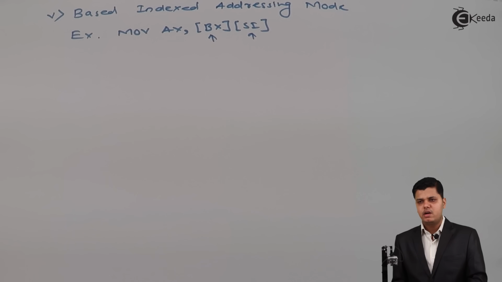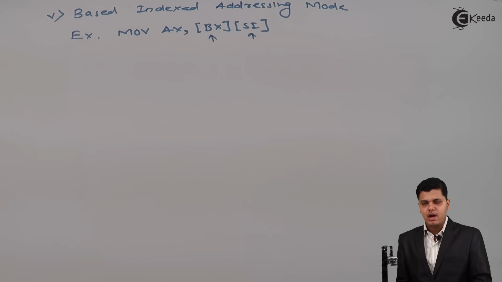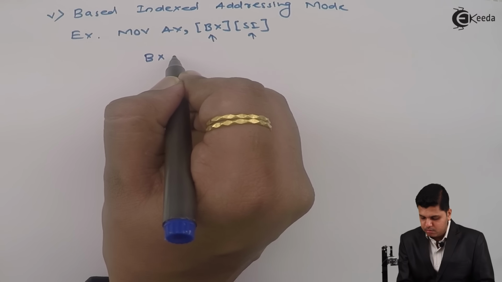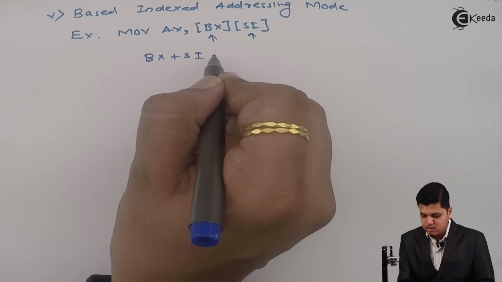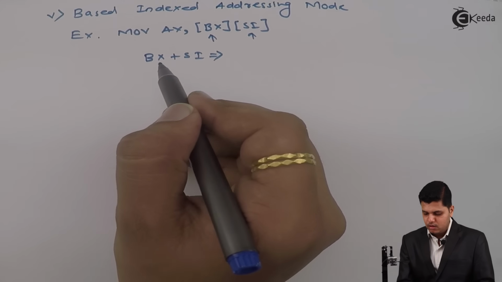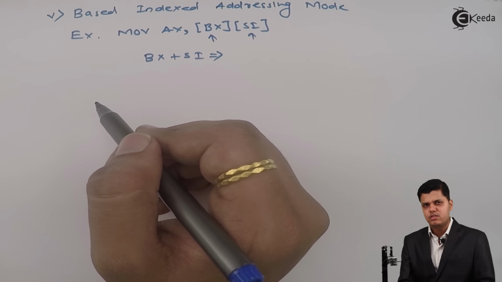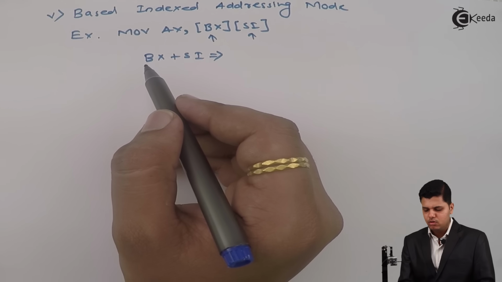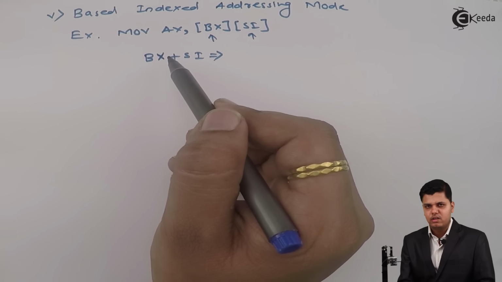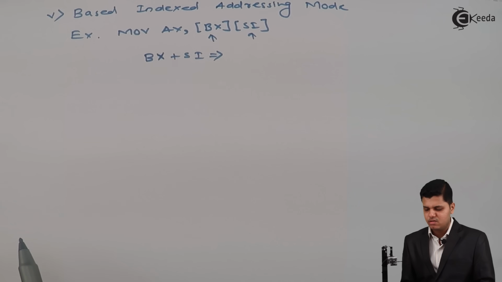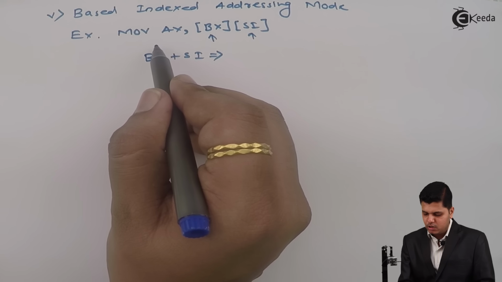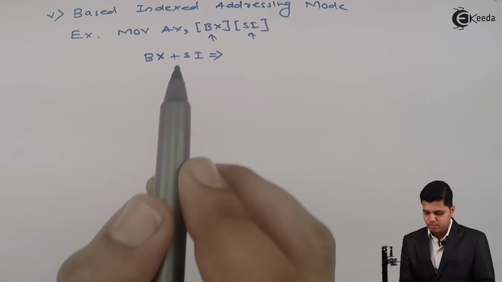Now how is the memory address formed here? The memory address for this base index addressing mode is formed by adding the contents of the base register, BX, and SI, which forms a new address from where the contents are fetched. In the starting lectures we have seen some special cases of registers: we call the AX register the accumulator, the BX register the base register, and the CX register the counter register. Since BX is called the base register, we can use it here.